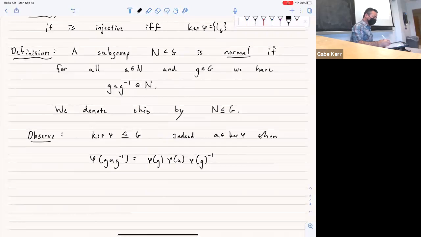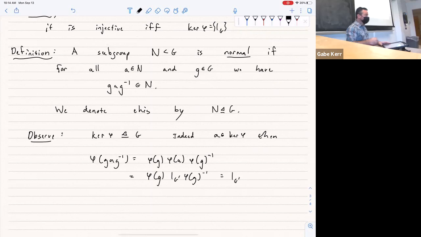But if A is in the kernel, phi of A is 1 in G prime. So I'm just multiplying something with its inverse and I get 1. So kernels are normal subgroups. And in some sense, that's a defining property of a normal subgroup. They can be kernels, but we'll get to that later.